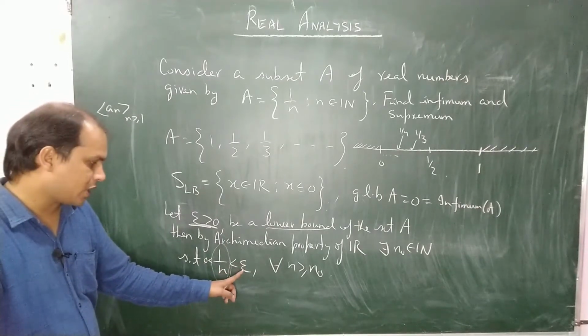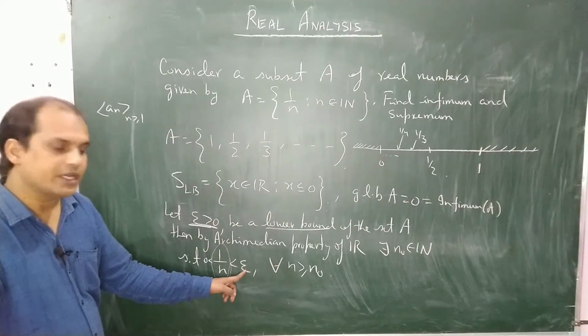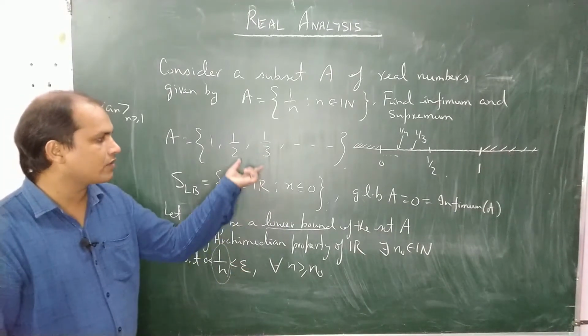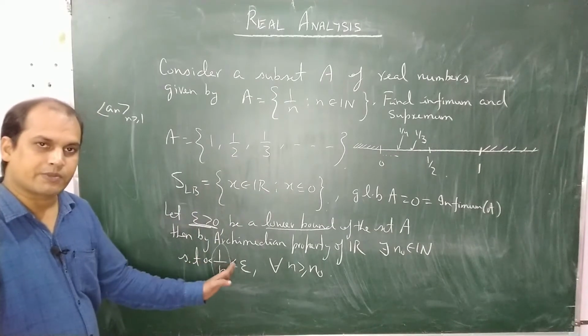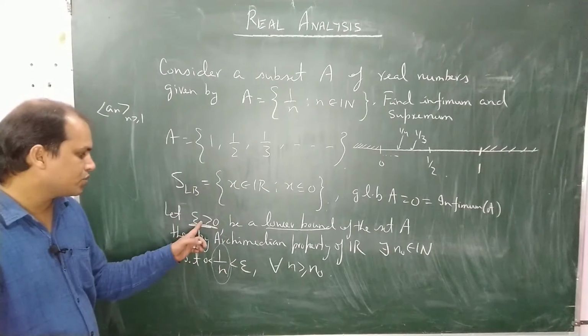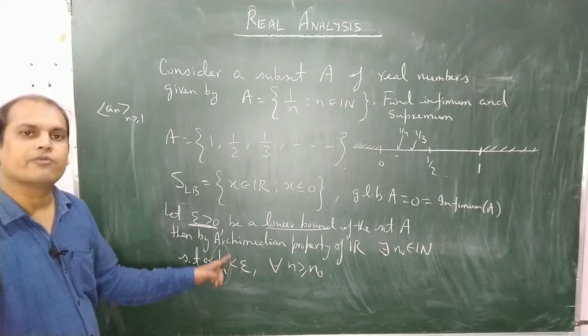Why? Because if any epsilon greater than 0 is its lower bound, then obviously it has to be less than every member of this set. But what is happening here? Whatever epsilon we choose, in between 0 and epsilon we always have elements of the type 1 by n.